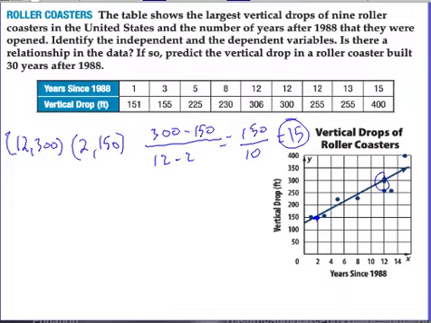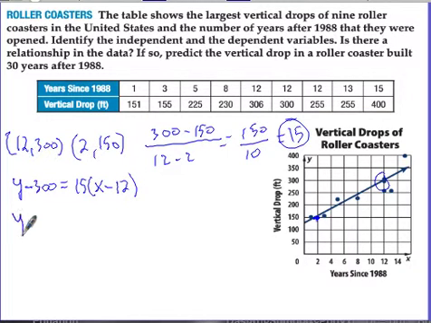Now I just need to write an equation in slope-intercept form. I've got a slope and a point that is on the line, so let's use point-slope form. y minus 300 equals 15 times (x minus 12).